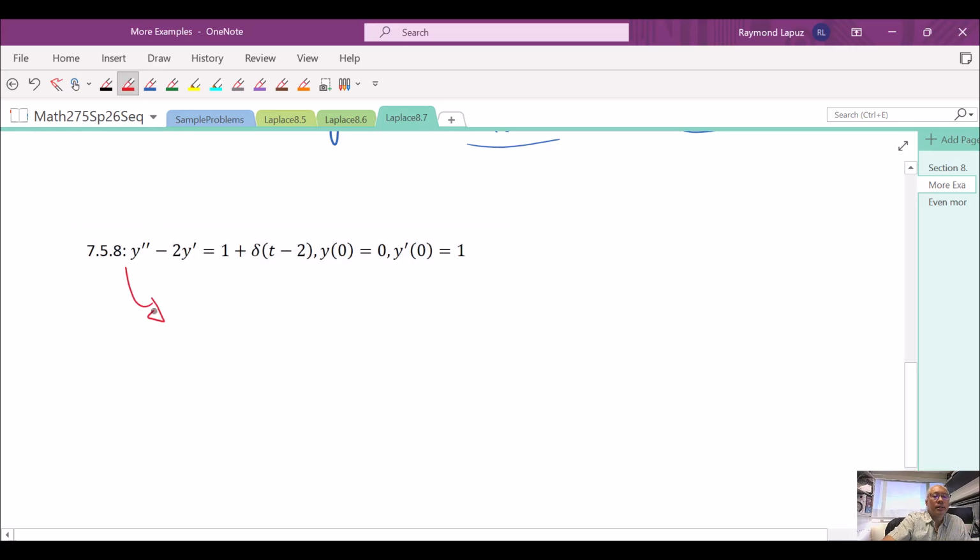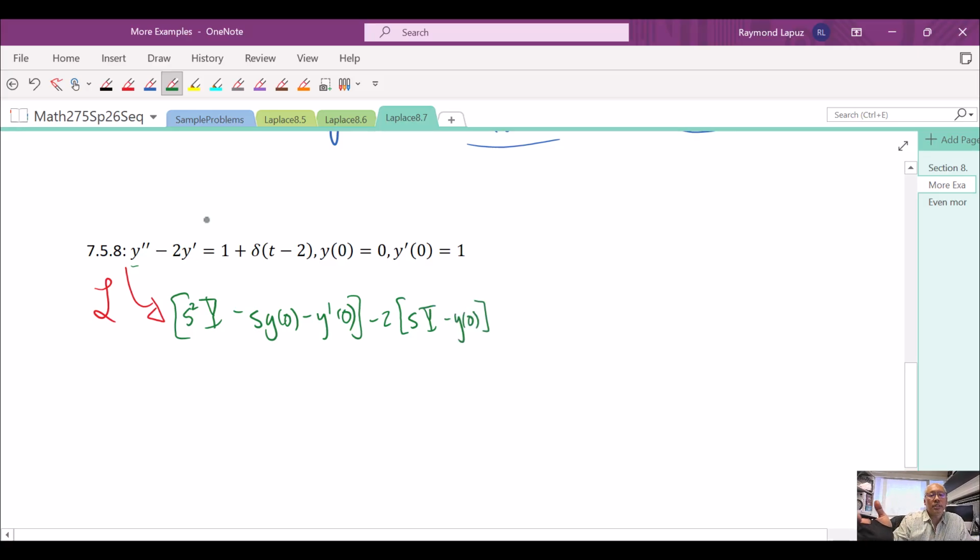I think we're ready to go to Laplace world for this. We have s squared capital Y minus s y of 0 minus y prime of 0. That's the second derivative. And then we have a minus 2 times the first derivative. That's s y minus y of 0. And then that's it.